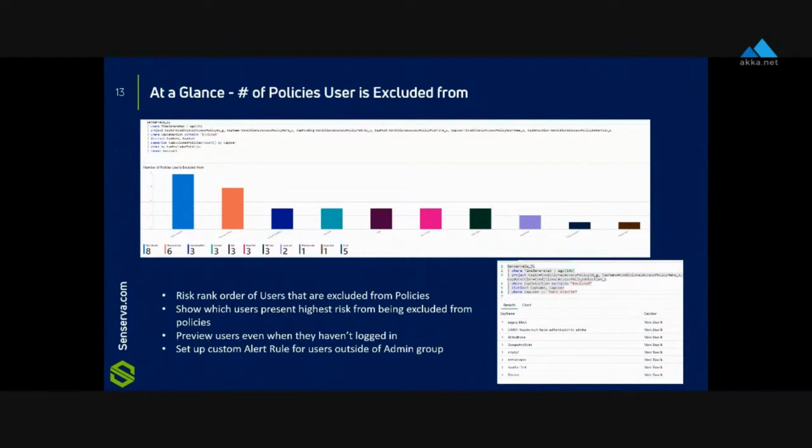And then you can see the visual there. But if you want to see specifically what policies are not being applied, you can run another query through the workspace to get specifically what policies there are. Very cool.